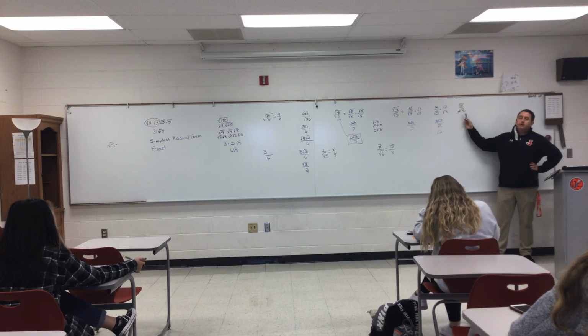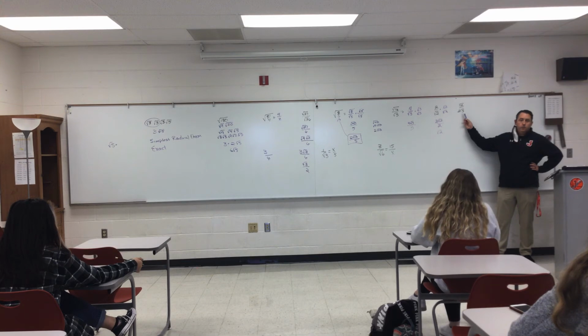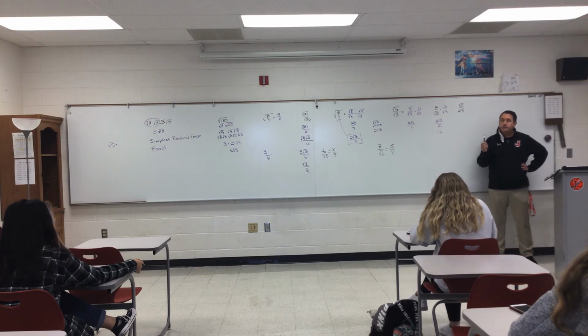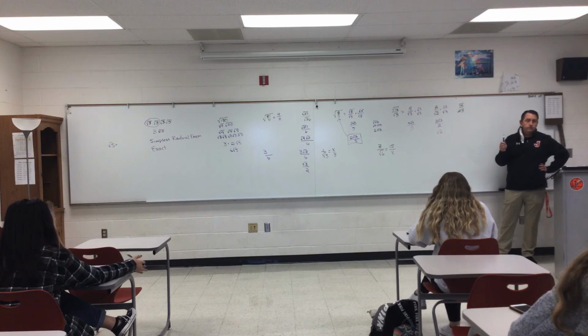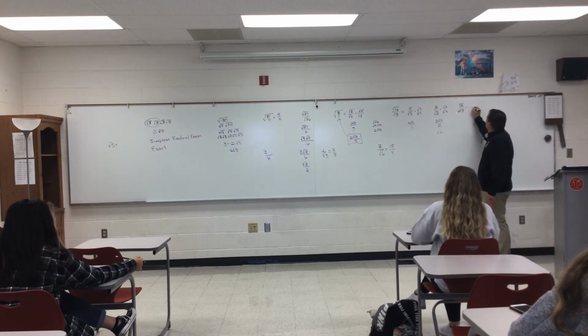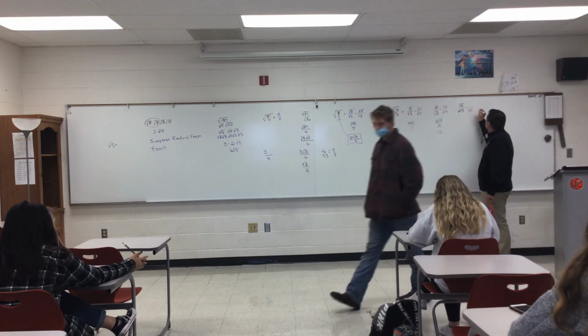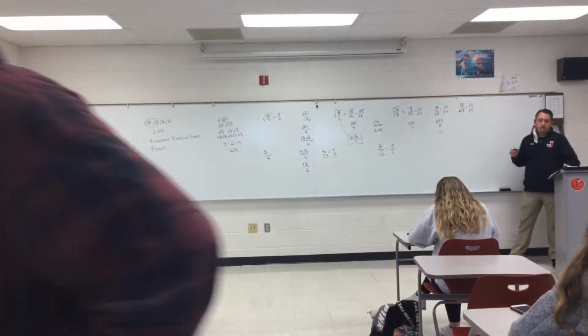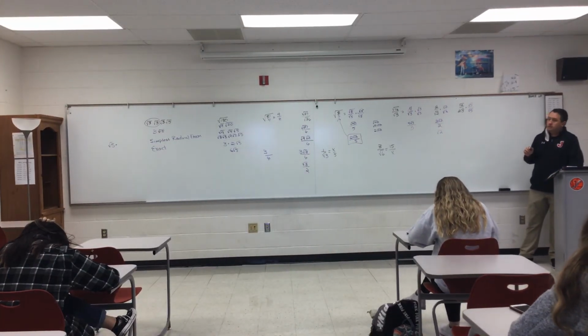Or do I just need to multiply by square root of 5? Okay, so remember this. I'm trying to get rid of the square root of 5, right? Everybody agree? So I only need to multiply by that.